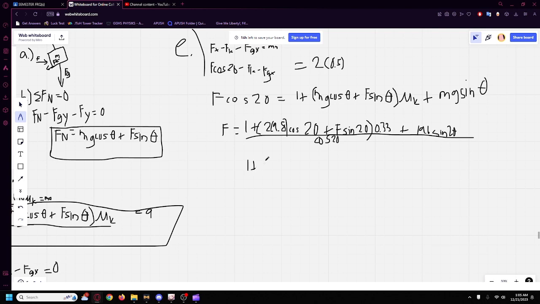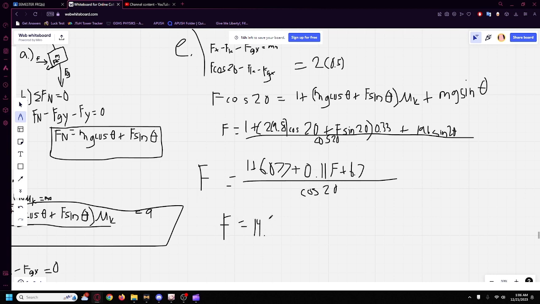1 plus 6.077 plus 0.11 F plus 6.7. 6.7 divided by cosine 20 is equal to F. So it should be F is equal to 14.66 plus 0.12.